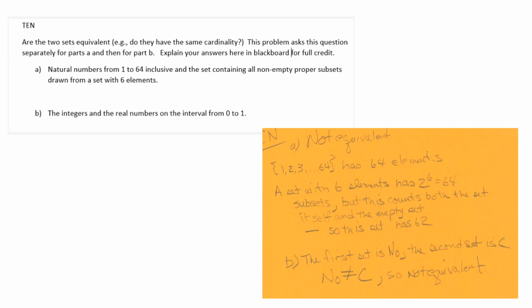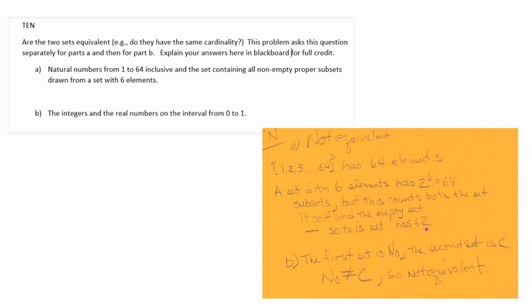Number 10 dealt with equivalent sets, and actually neither one of these were equivalent sets. You see, the natural numbers from 1 to 64 has 64 elements, but a set with 6 elements has 2 to the 6 equals 64 subsets, but that counts both the set itself and the empty set, which means that we were not counting those here, so that set had 62.